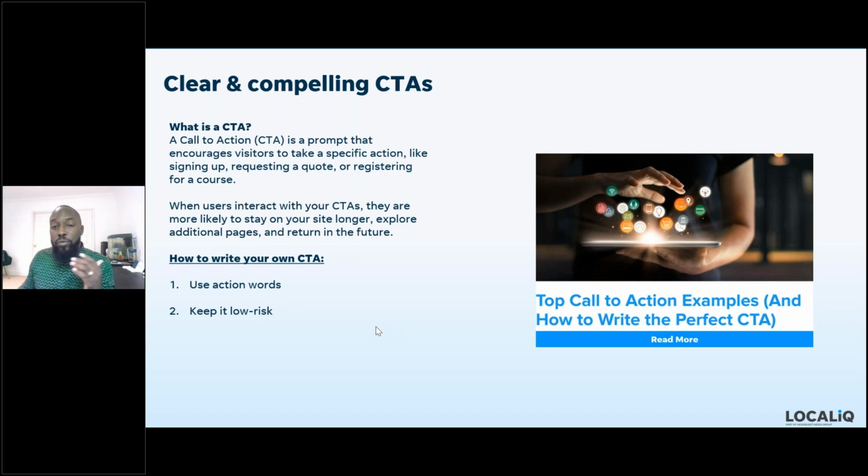Help people know upfront that by taking action on this call to action, it's not a huge commitment, right? It's only going to take a few moments of their time. So try to bring that to the forefront. You want to be persuasive, use compelling language that highlights the benefits, like how your business and how this offer is going to help them save money, or anything to that effect.